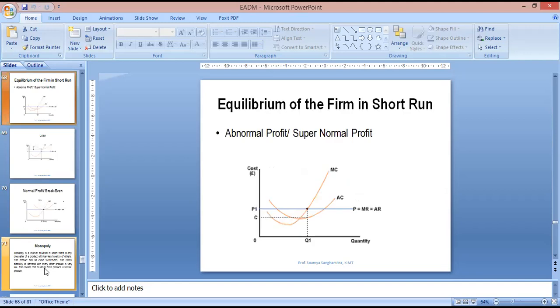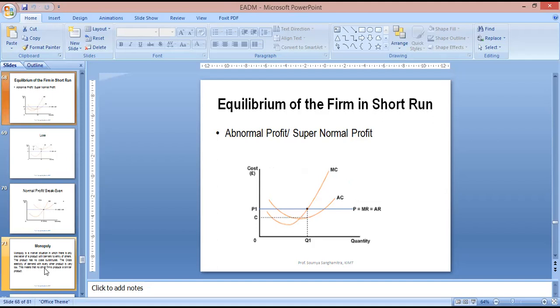Then, equilibrium of firms in the short run. The firm is a price taker and not a price maker in the market.